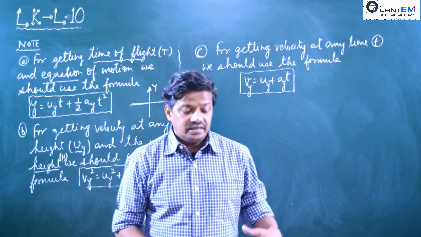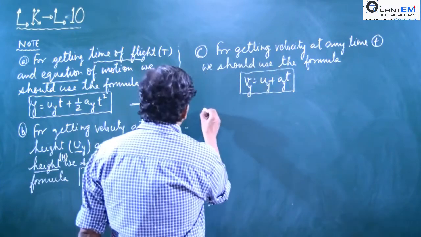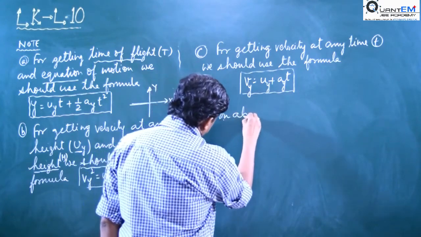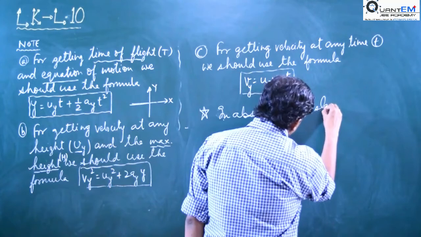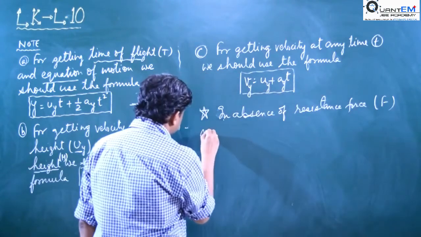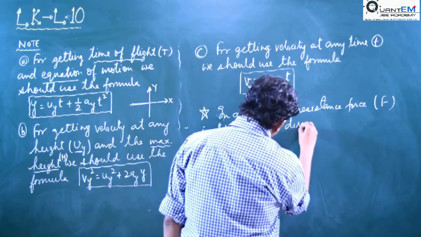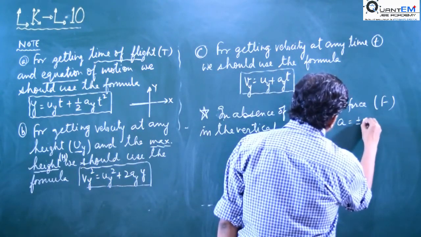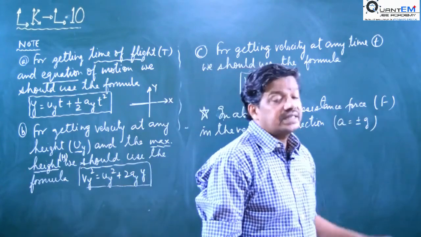In the absence of any resistance in the vertical direction, a has the value g, so this has to be remembered. In the absence of a resistance force F in the vertical direction, a equals g.